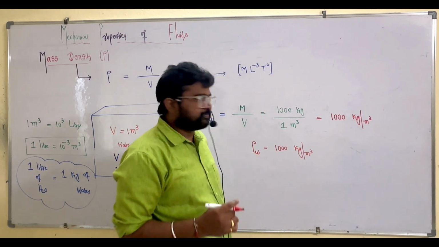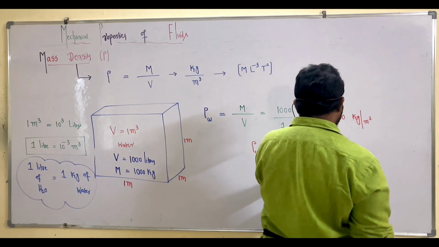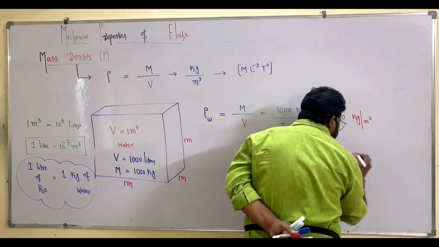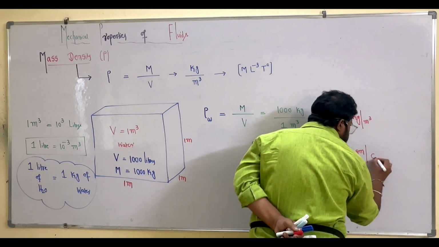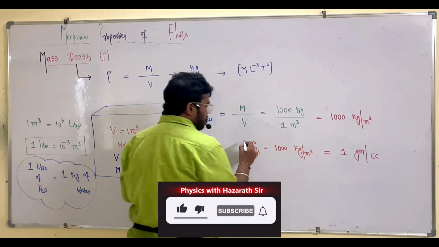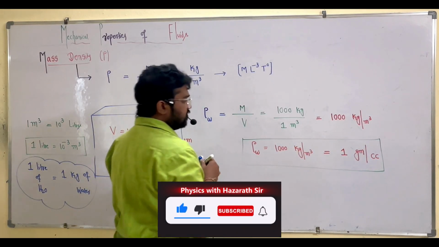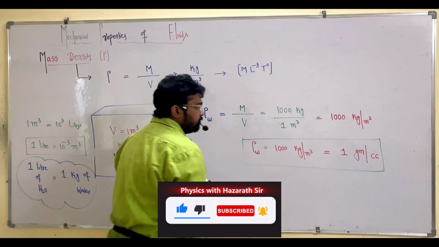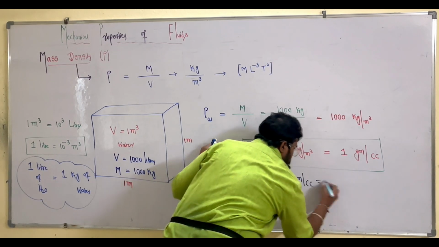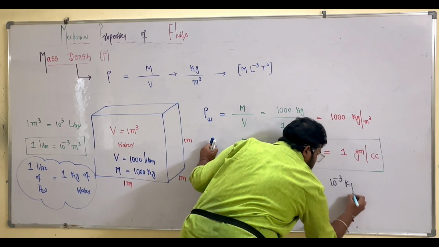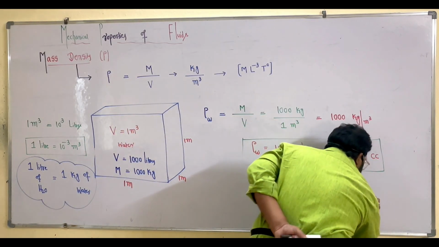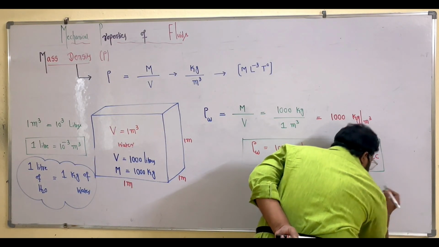Or else we can write in terms of centimeter. What will you get? Tell me. 1 gram per cc. 1 gram per cc means what? 1 gram per cc equal to 10 power minus 3 kg by 10 power minus 6 meter cube.